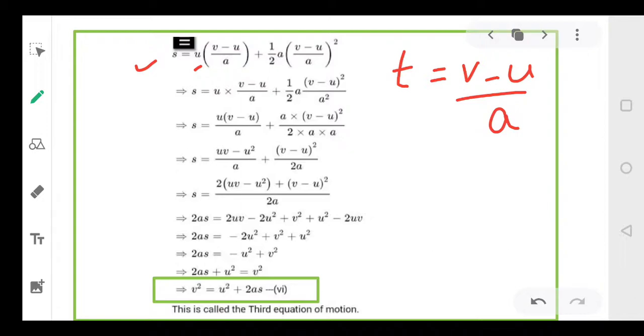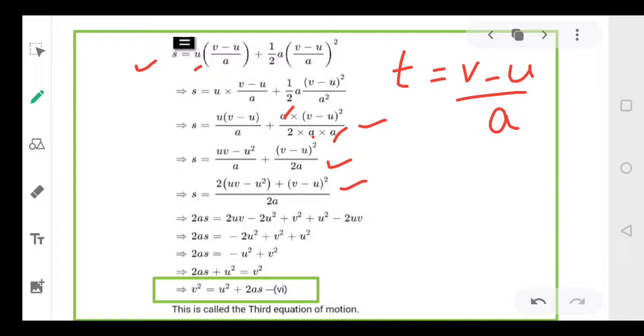Now this becomes U into V minus U upon A plus V minus U whole square upon 2A square, isn't it, everyone? So you can cancel it out. A can be cancelled here. So you are left with 2A, right? Now next comes 2AS is equal to 2UV minus 2U square plus V minus U whole square. Now open both the brackets.